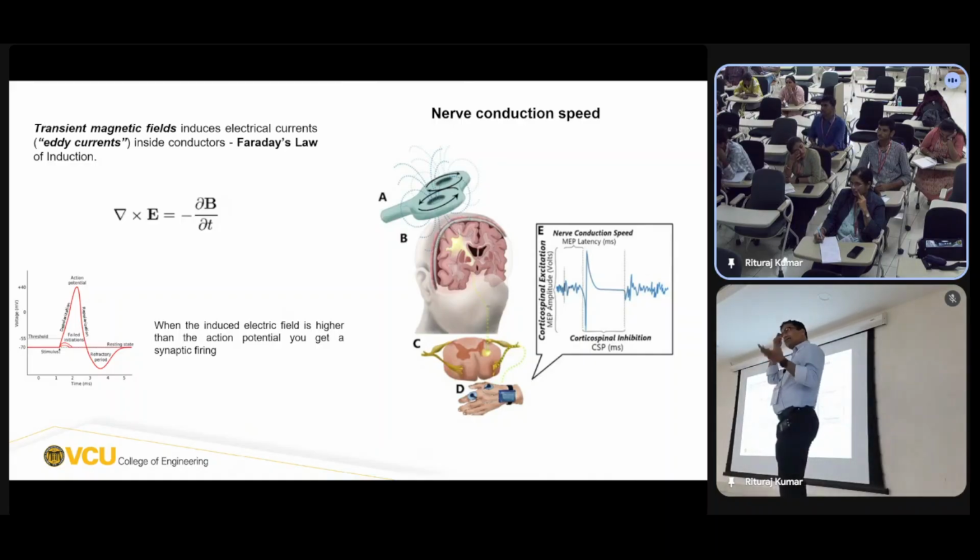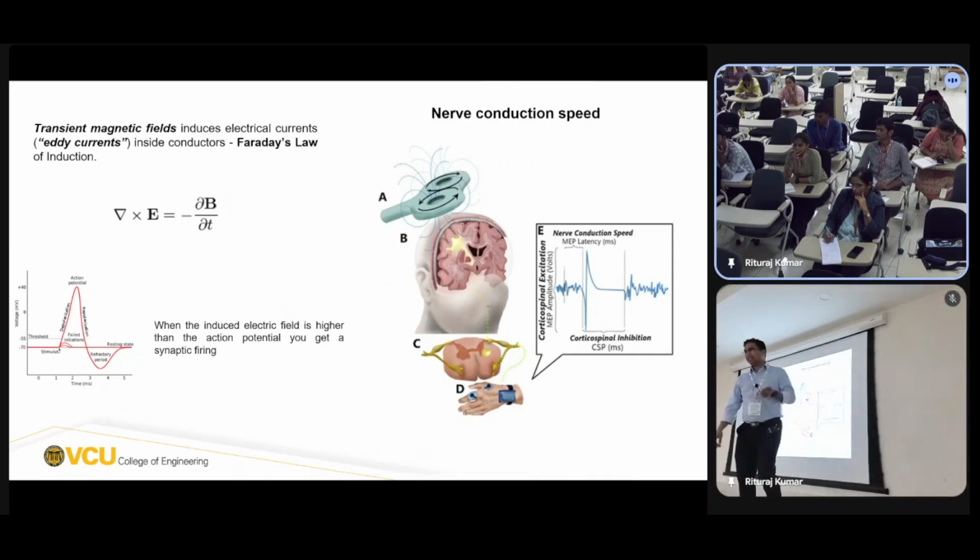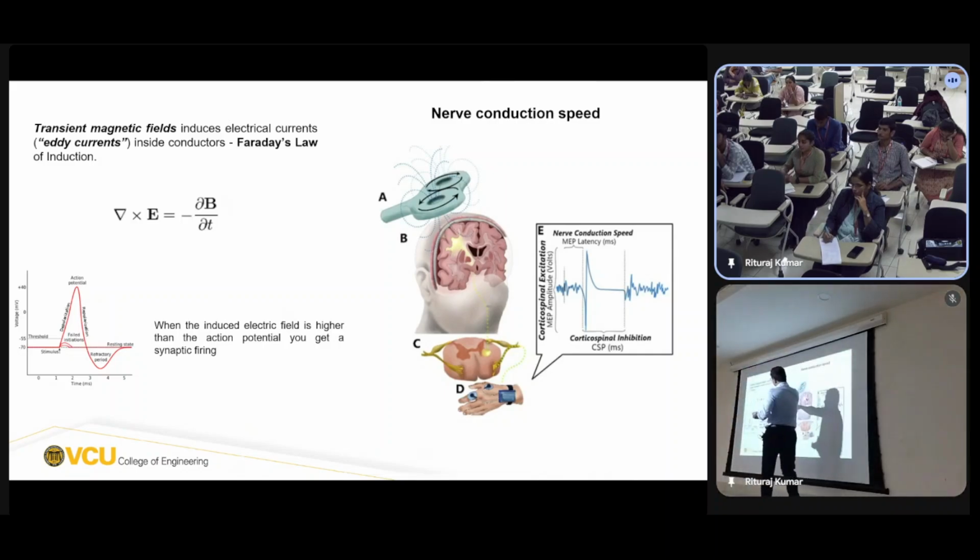But neurons are also conducting, so the neurons will fire. This is Maxwell's equation, which says del cross E equals minus dB by dt. So time-varying magnetic field, B, gives you a circular rotating curl electric field. Okay?